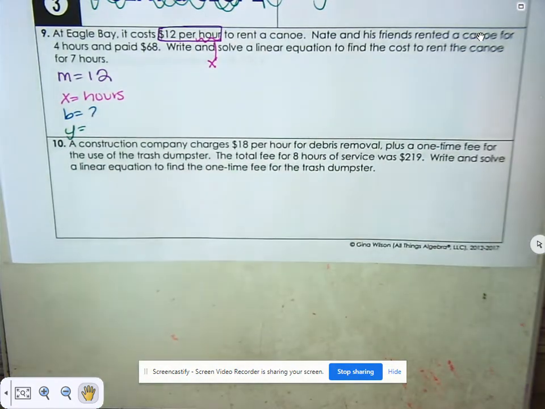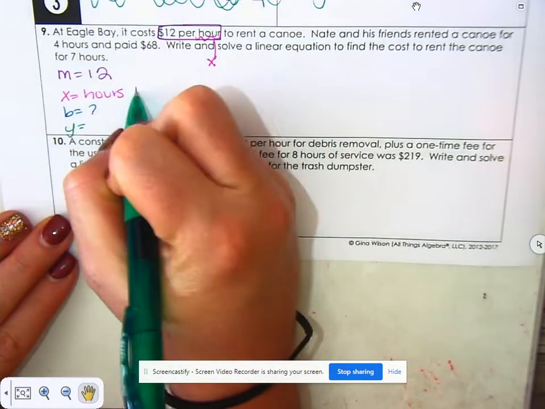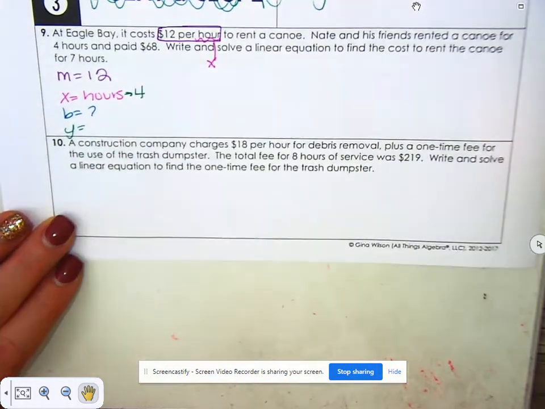Now it costs $12 per hour to rent a canoe. All right. So basically, if you keep reading this problem, it says Nate and his friends rented a canoe for 4 hours and paid $68. Okay. So 4 hours. So we're going to put in 4 for X. And that cost was $68.